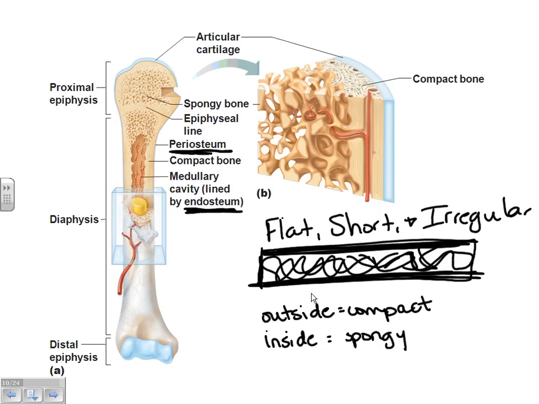Okay? So if I want to donate bone marrow to somebody, how do they get it out of me? It's not just a syringe, because where do they got to get it? They got to go in the inside of my bone, right? They got to drill a little hole through your bone, stick a big syringe in, and suck out the bone marrow. It's only in flat, short, and irregular bones.